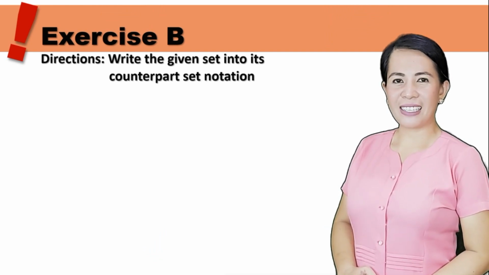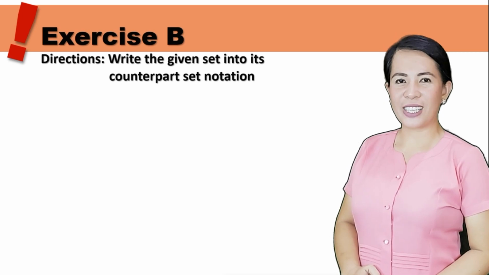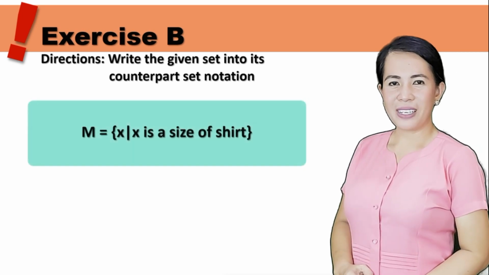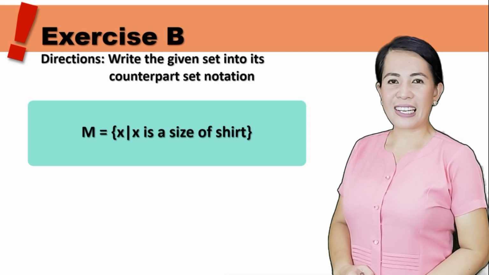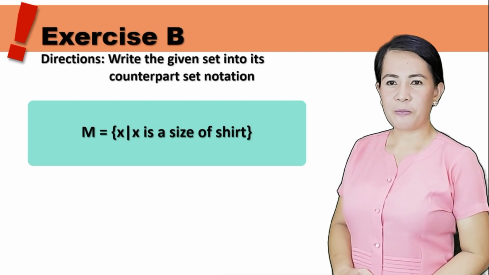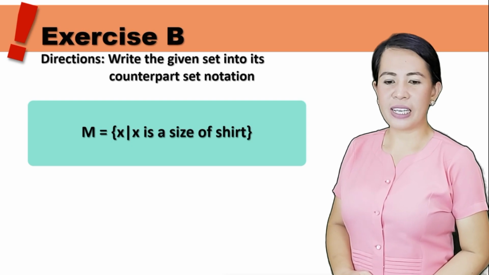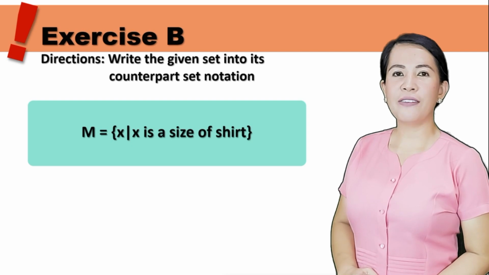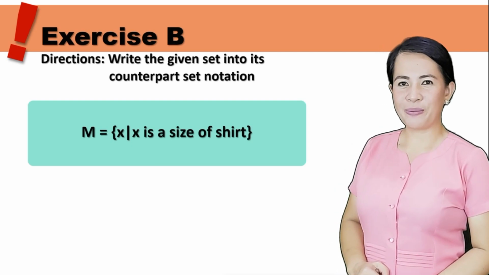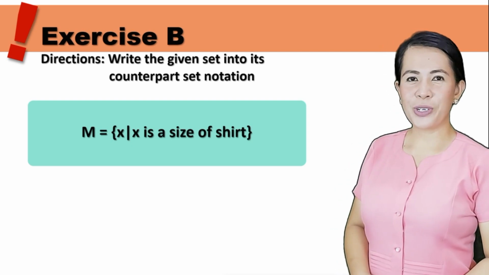Exercise B. Directions: Write the given set into its counterpart set notation. M is equal to the set that contains X such that X is a size of shirt. This one is written in rule or set builder form, so you have to write its roster form. So what are the sizes of shirt?